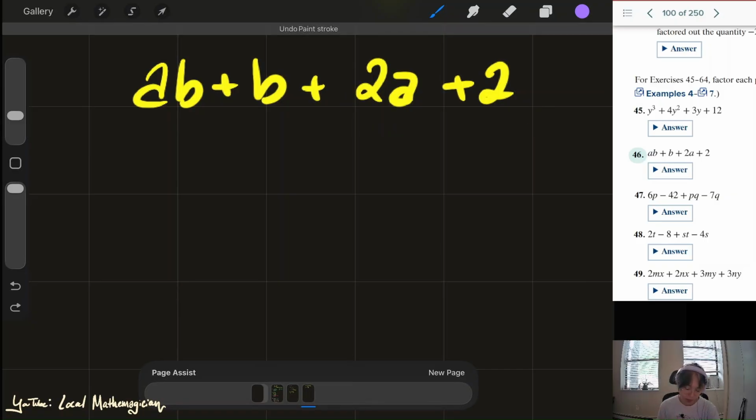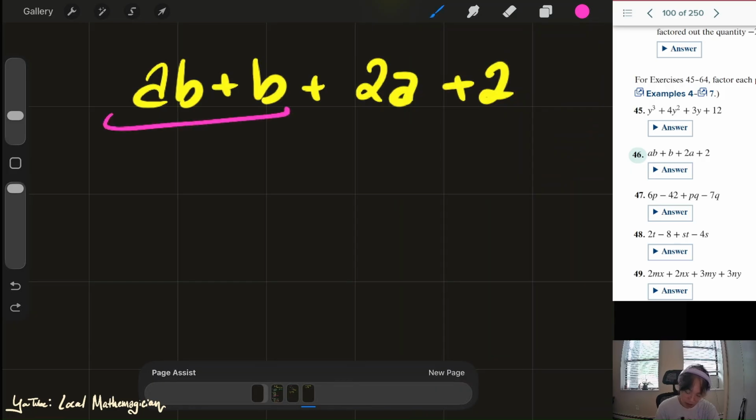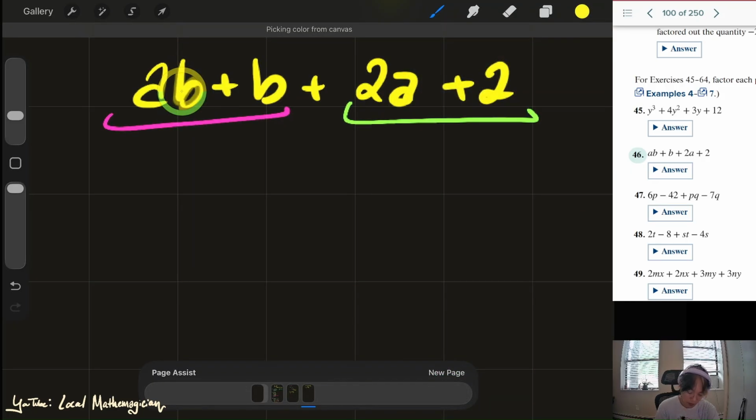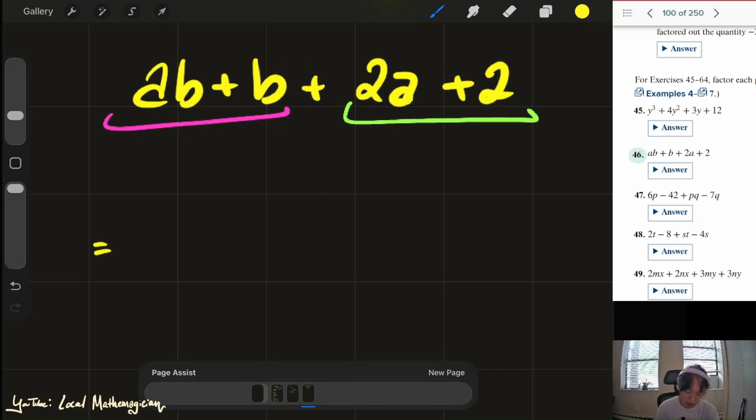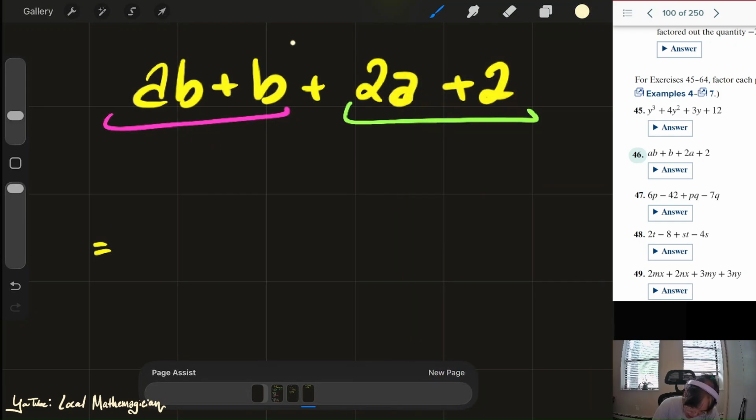If you group these together, let's call this pink, let's call this green, call that Cosmo and Wanda. These both have B's, right? If it helps, you can always draw a little line down here, so you can visually separate it.